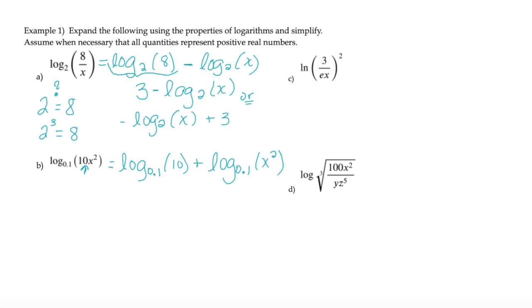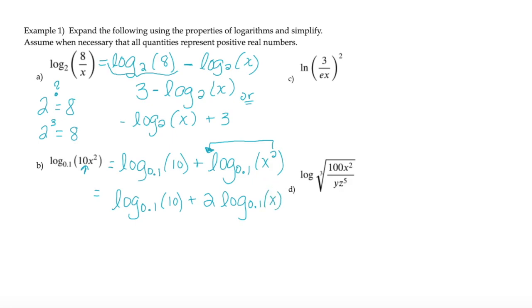I then can use the power rule to take my 2 and bring it in front of my logarithm. Now I have log base 1/10 of 10 plus 2 times log base 1/10 of x.